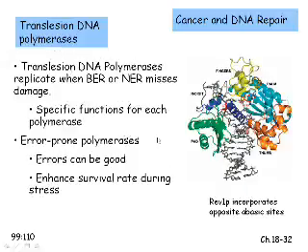So, but this brings up the general idea of translesion DNA polymerases. So if you have an area of damage, hopefully, many times, base excision repair or nucleotide excision repair will repair that damage. But what if they don't? What if you've got damage that is not, in fact, repaired?